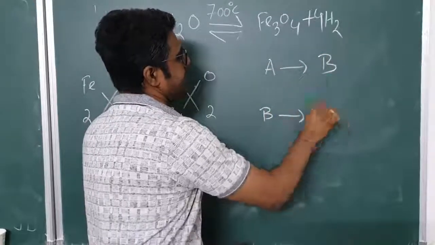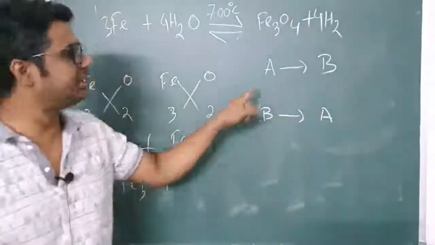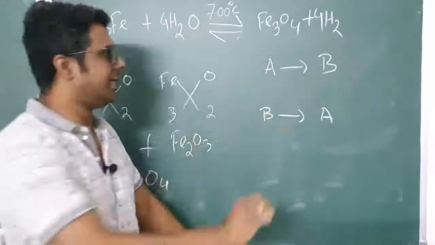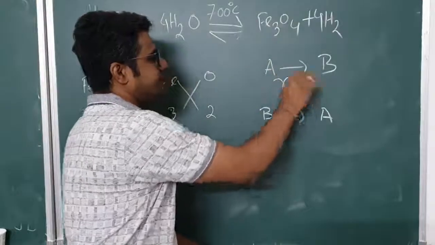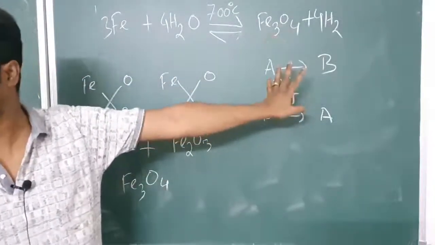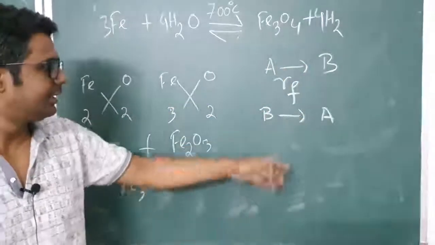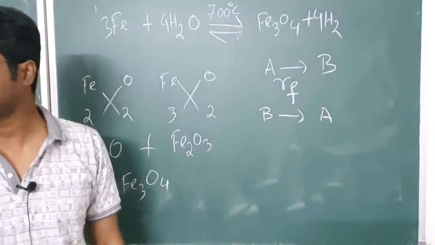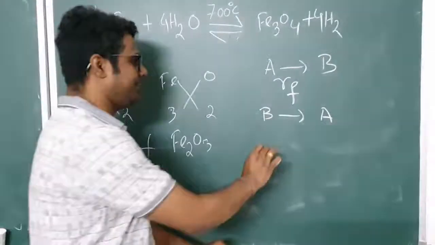Suppose A to B, this is a reversible reaction, so this is the forward reaction. So the rate of forward reaction can be written as RF. From B, if it goes to A, it will be called the rate of backward reaction, so I can write RB.